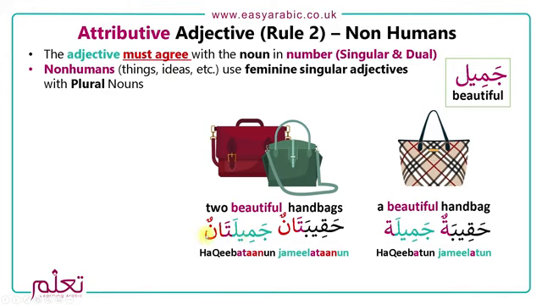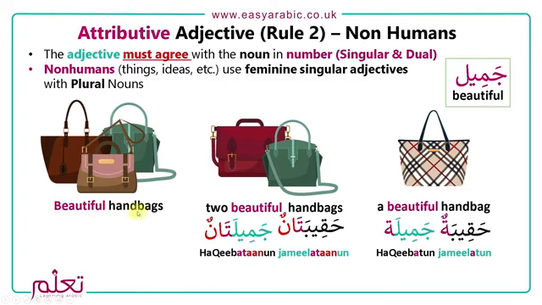And lastly, beautiful handbags. The plural for handbag is حقائب, so حقيبة becomes حقائب, and here it will be حقائب جميلة. So that was rule number 2, that the adjective must agree with the noun in number.